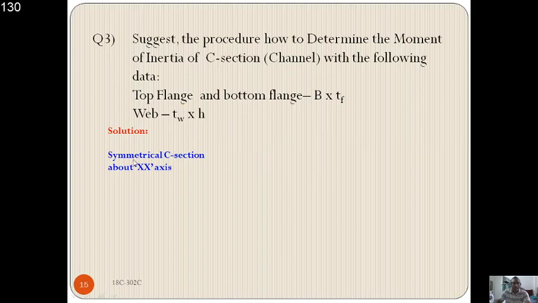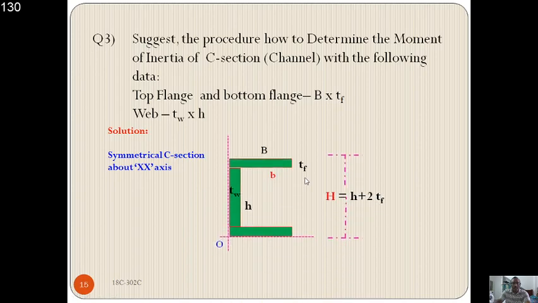Now it is symmetrical about the centroidal xx axis. So with the same procedure, draw the sketch and put the total figure into the first quadrant, then inspect the symmetrical axis. The width of the top flange is B and the thickness of the flange is TF.